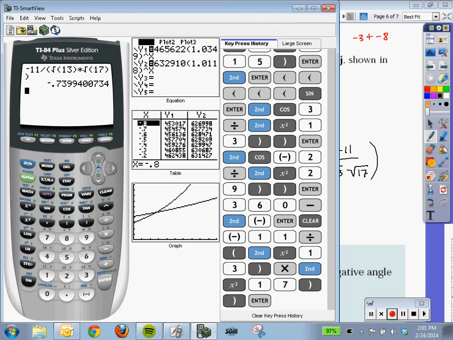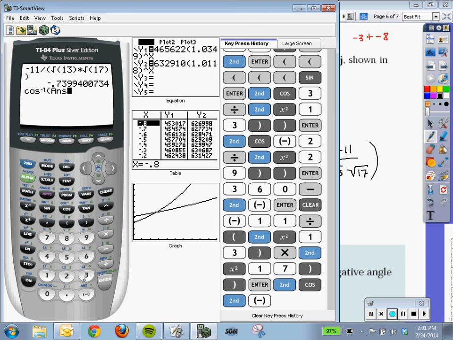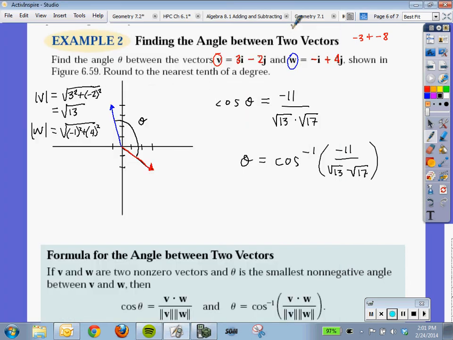And then from there, I do the inverse cosine of that ratio. Remember, you hit second negative to put that answer in. And then hit enter, and that gives you your angle. So looks like we're at approximately 138. So I'm going to say that angle is approximately 138. Which does look like it's about 138.